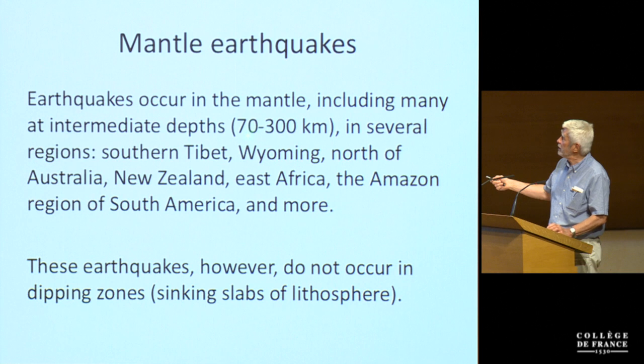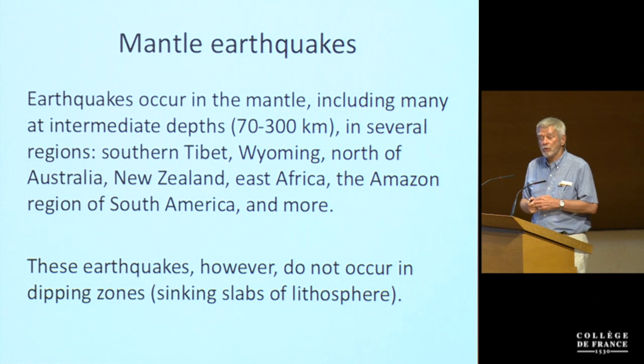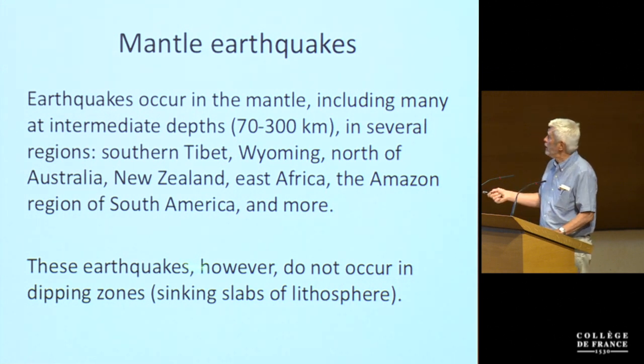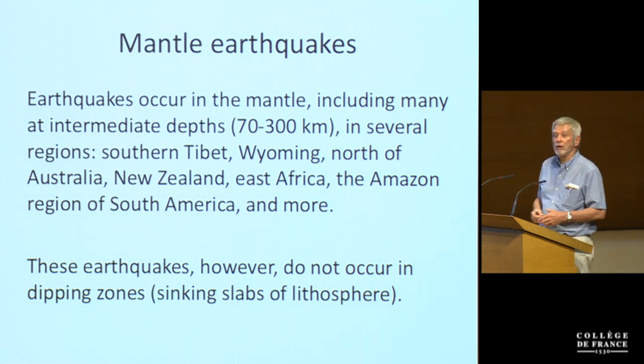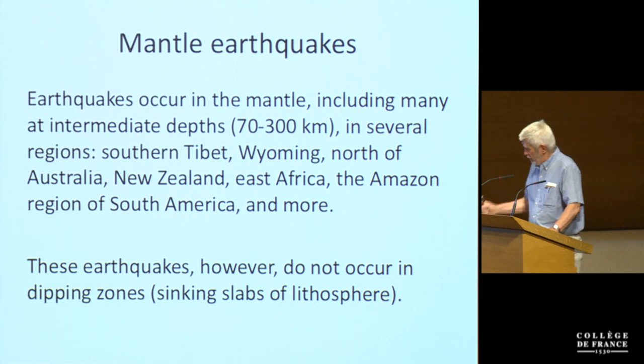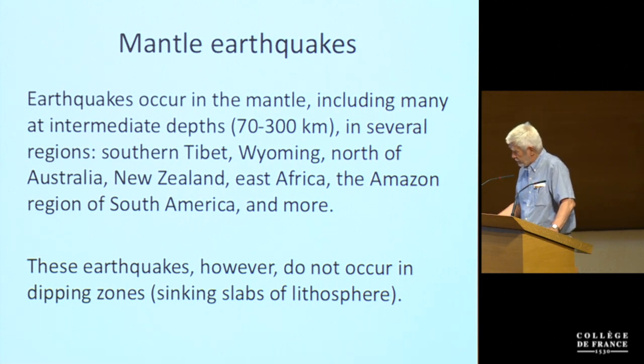By definition, intermediate depths are 70 to 300 kilometers. And in several regions, southern Tibet, Wyoming, northern Australia, plus other places where these have been found. But these earthquakes do not occur in dipping zones. They don't occur in sinking slabs of lithosphere. They simply are in the mantle. They're telling us the mantle is cold enough for there to be earthquakes in these regions.